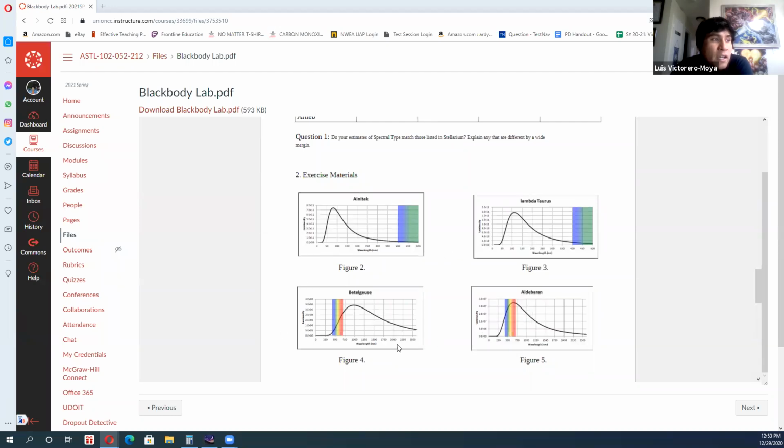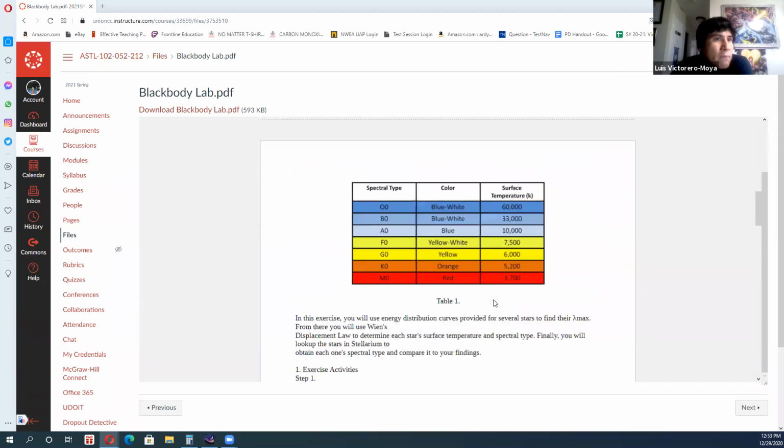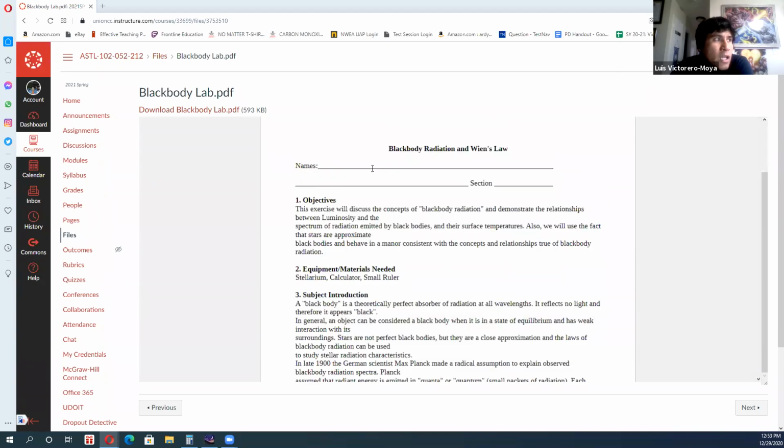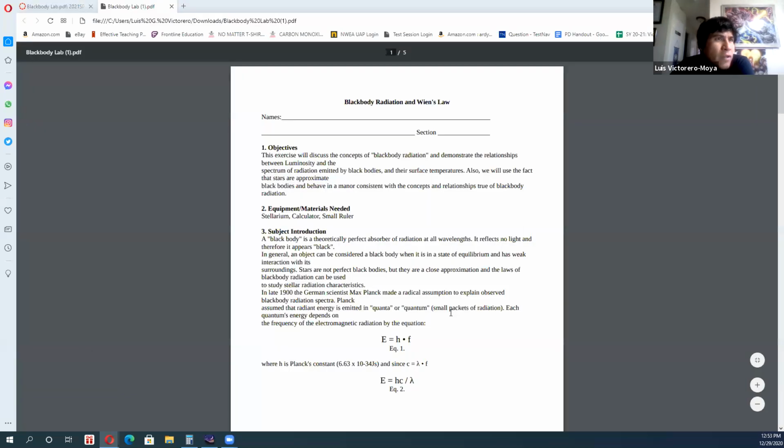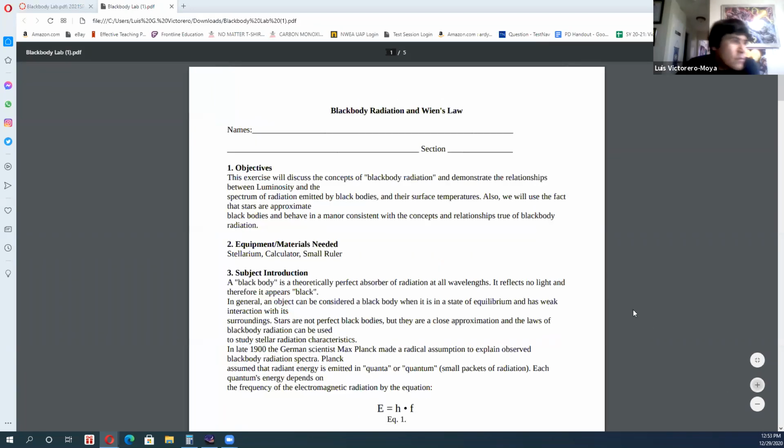What you see here are different blackbody radiation curves that we can obtain by measuring radiation from the stars. We have different instruments that we can use for that, and we're able to plot intensity as a function of wavelength. I don't expect you to know in detail what all that means.